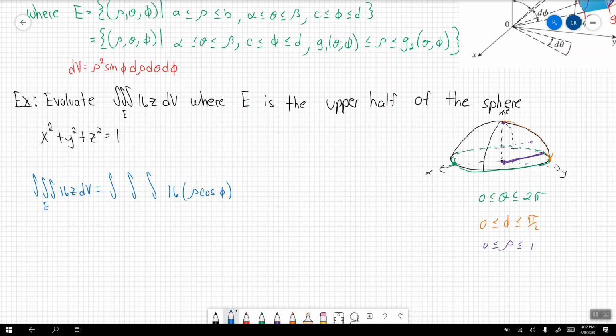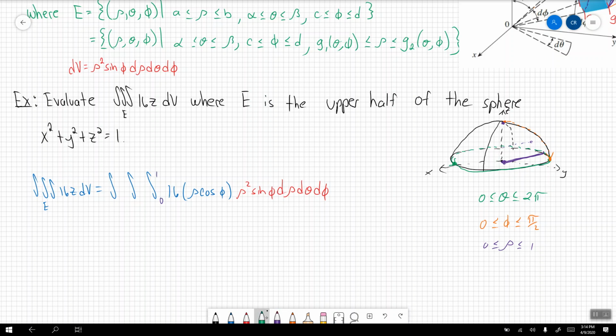And all we need now is the constant of integration, which here was rho squared sine phi d rho d theta d phi. All right, so let's go through. Our rho went from 0 to 1, so the innermost integral goes from 0 to 1. Then we have theta.